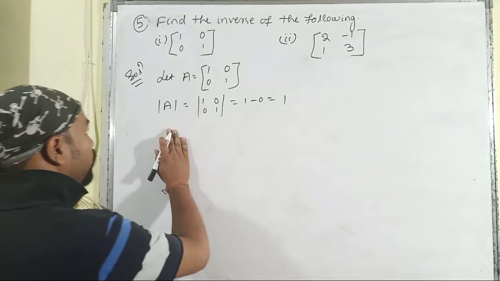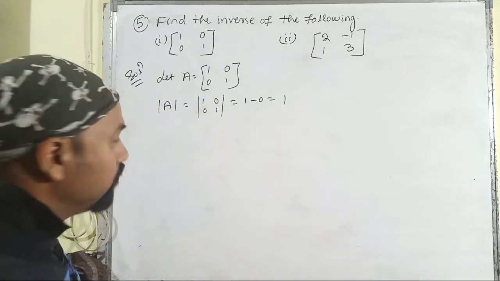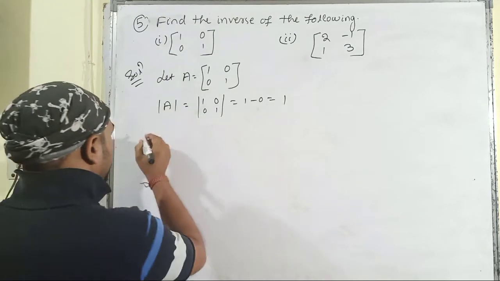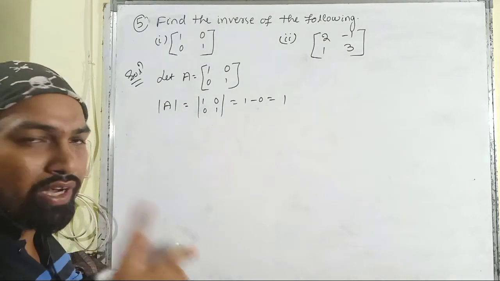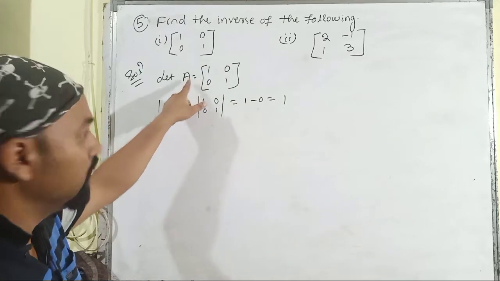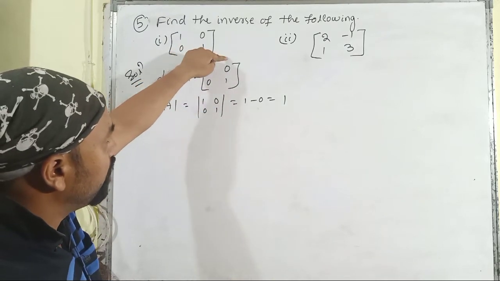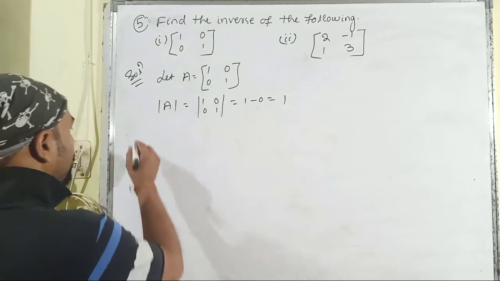Then we have to proceed to the adjoint of A. To find the adjoint of A, first of all we have to find the cofactors of each of the elements present in the given matrix. Here they are the elements A11, A12, A21 and then A22.